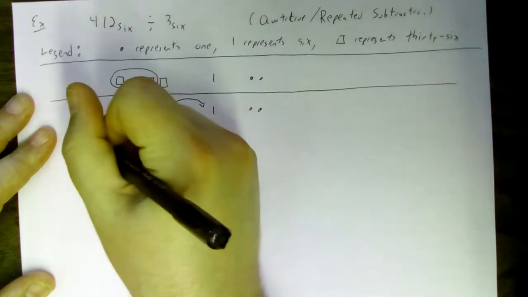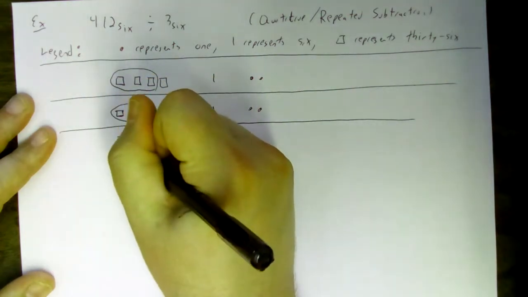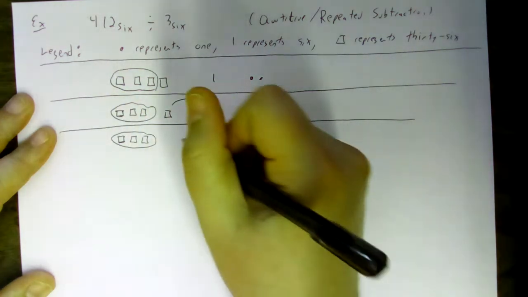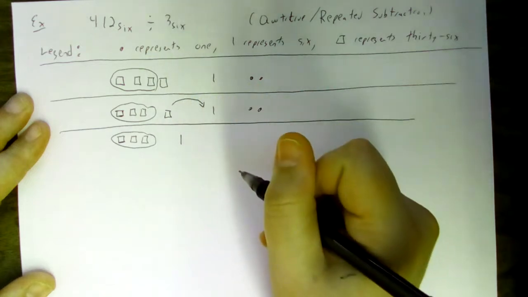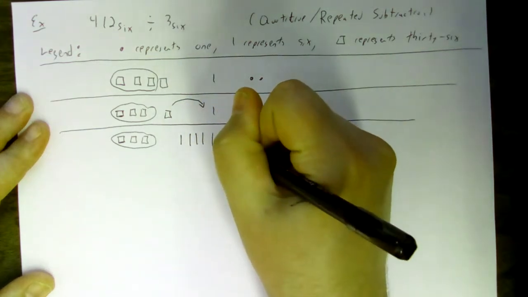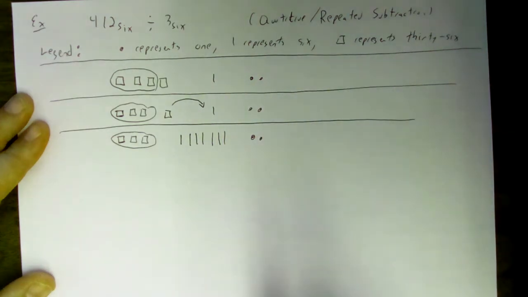I can place that 36 that's left over into the 6's place. Every 36 is worth 6 6's, so I'll have, in addition to the 1 6 that I already had, 6 more. And of course, I'll still have those 2 1s.